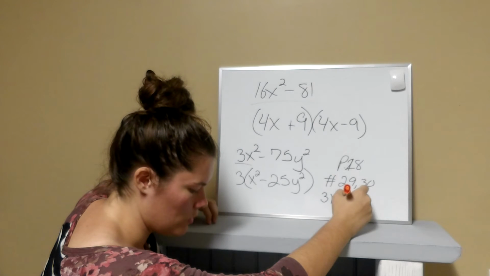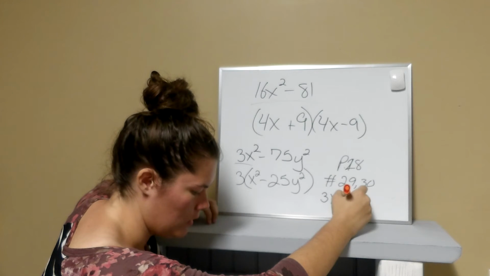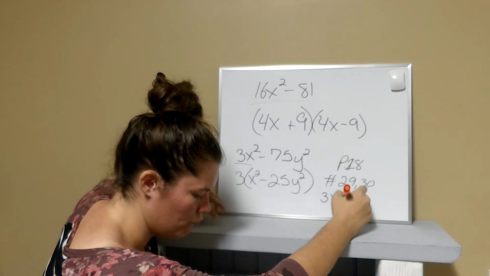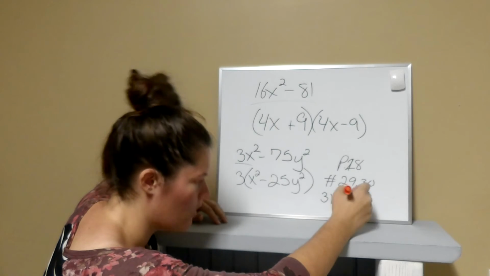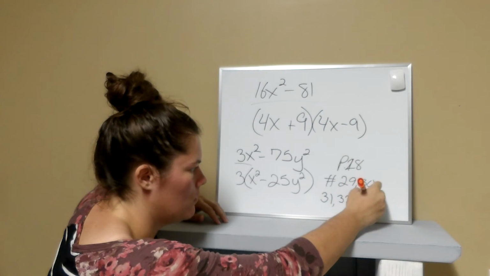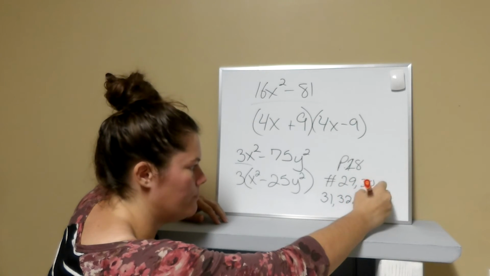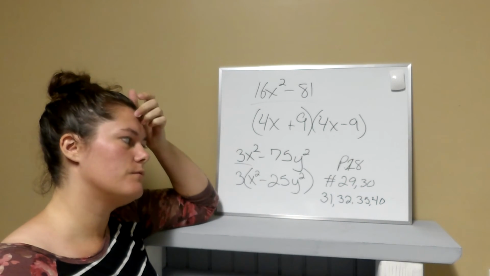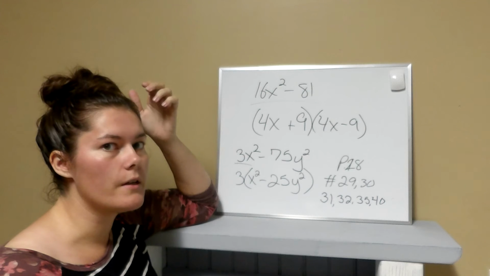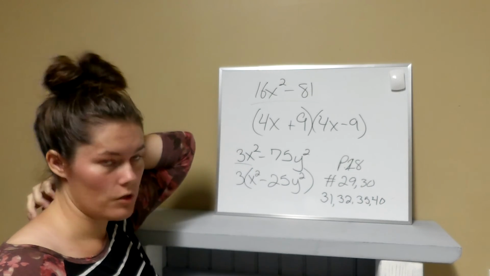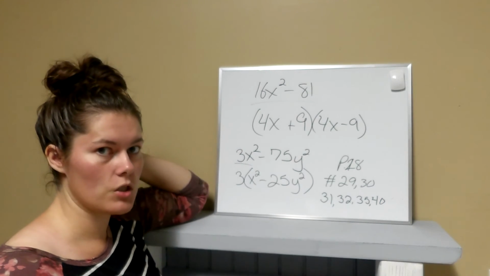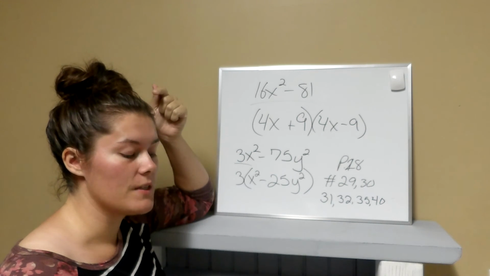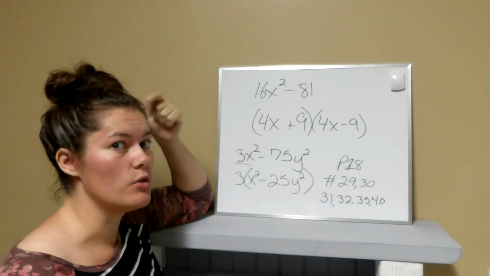Let's see, I'll have you do 2 more, 35 and 40. So 29, 30, 31, 32, 35, and 40. That is your homework. You can do those in class, and then make sure you send it to me. Because if I don't see your work, I'm giving you a 0.